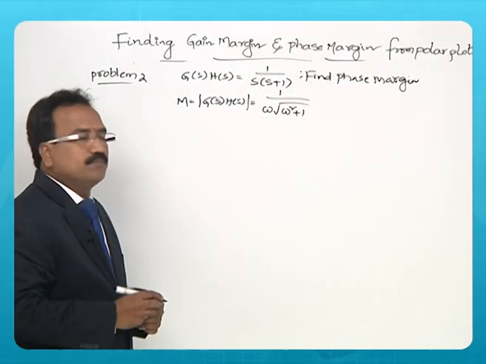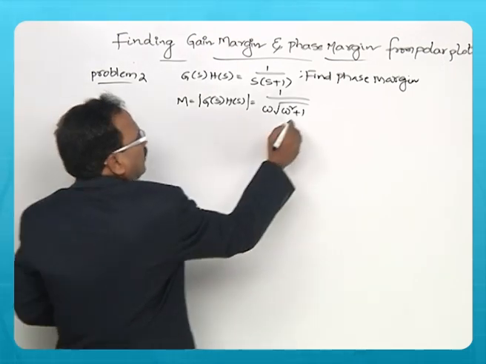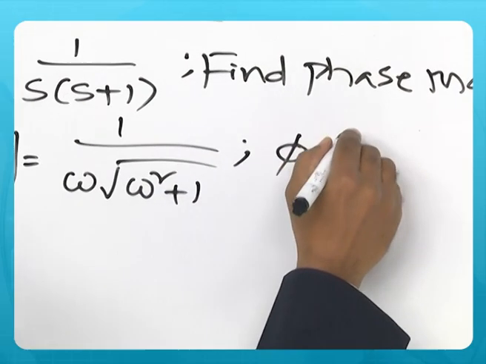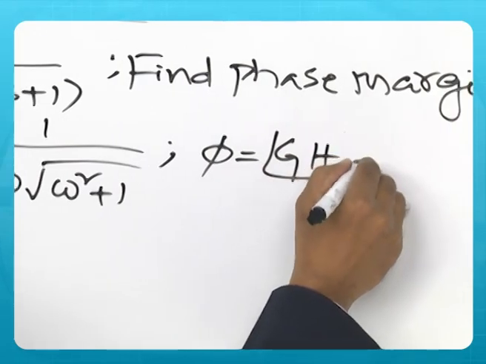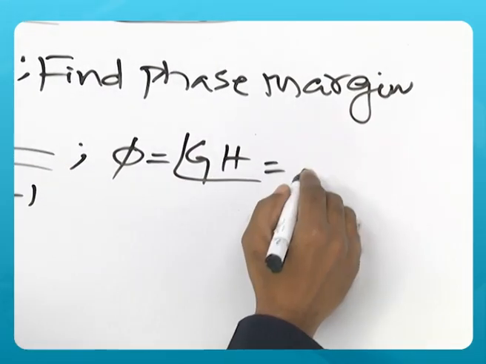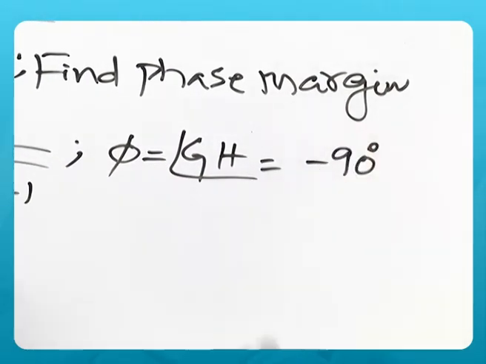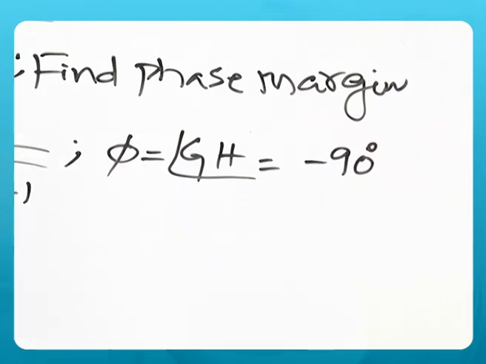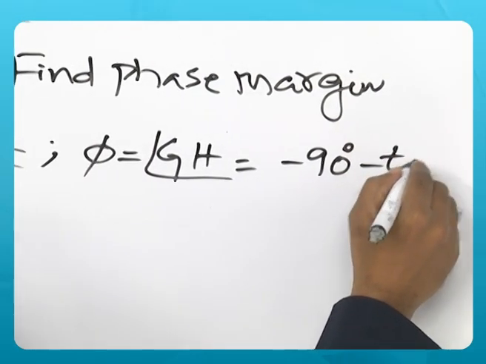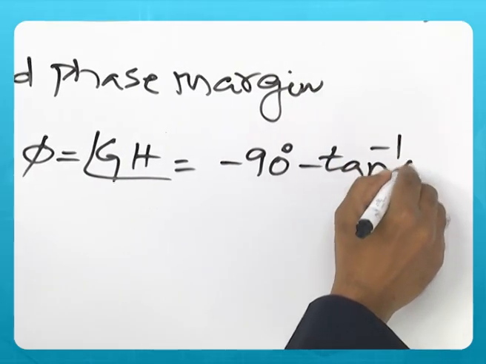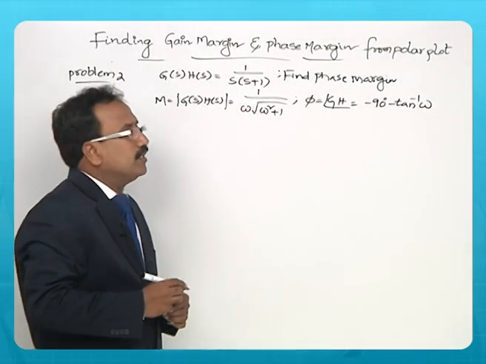This is the magnitude term, and the phase angle term is minus 90 for the pole at origin, and minus tan inverse omega for the s plus 1 term.